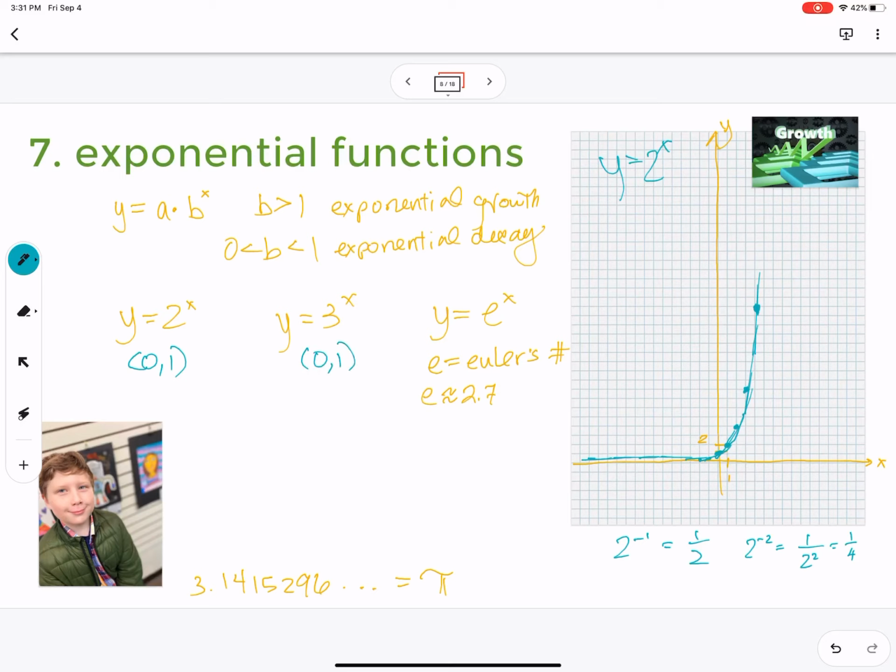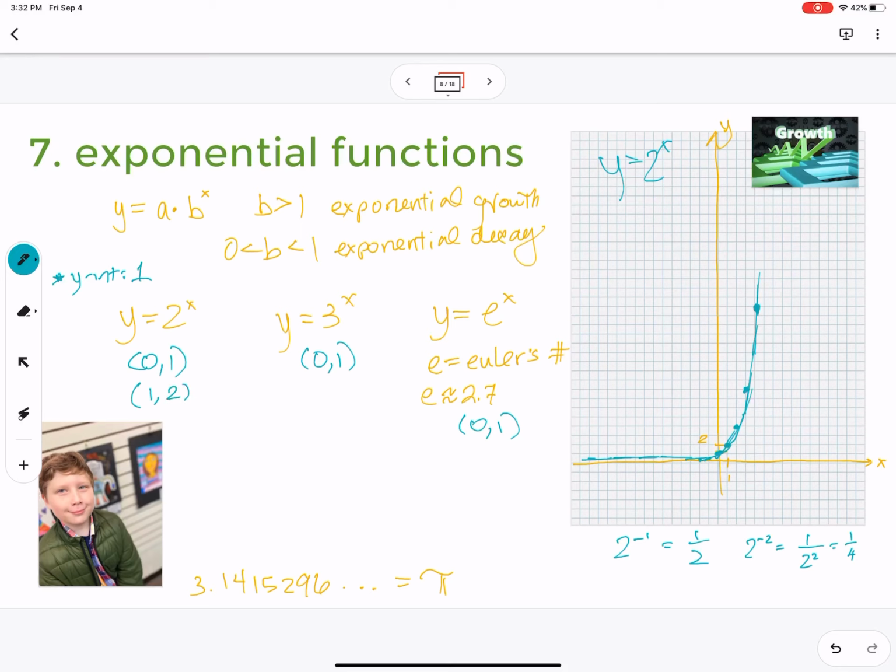The only way you could change that is if you shift it up or down, or left or right, or if you have a coefficient out front. So the y-intercept of 1 is common to our basic exponential functions regardless of the base.